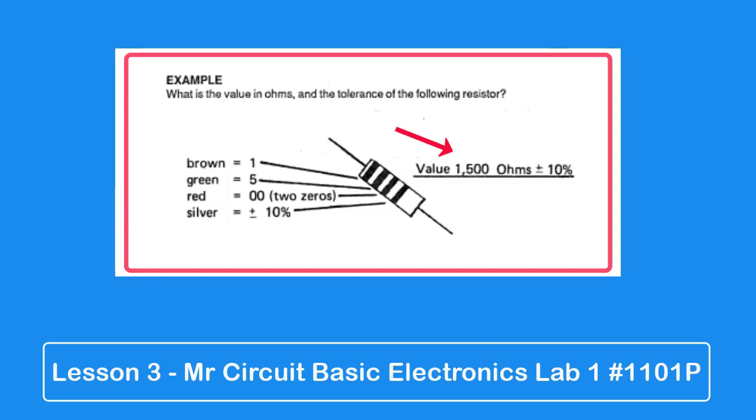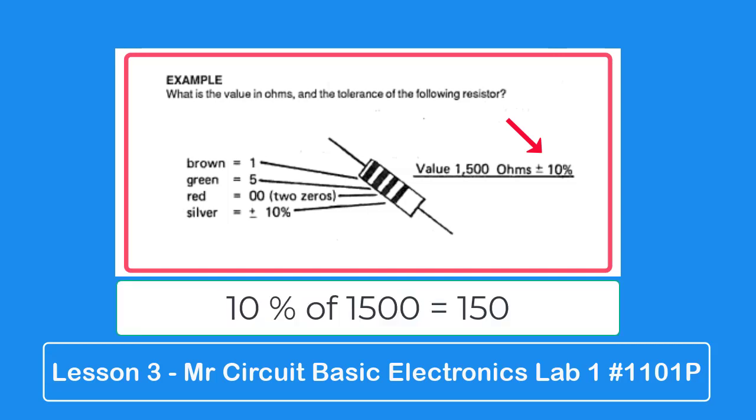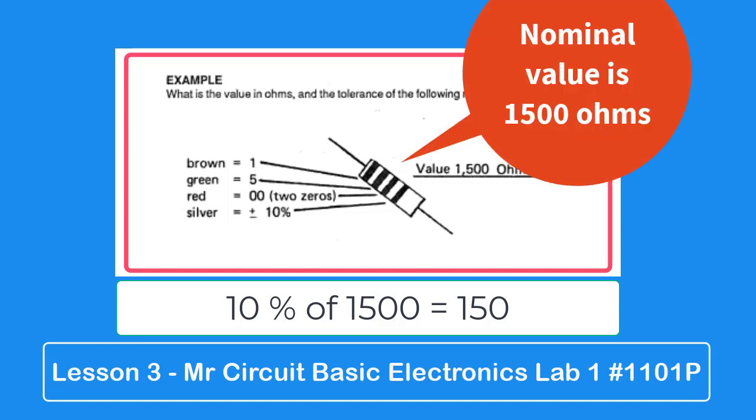Now, since the fourth color band we tell you is silver, the tolerance of this resistor is plus or minus 10%. Well, let's think about that. 10% of 1500 is 150. Remember, the tolerance is plus or minus. So therefore, the nominal value of this resistor, in other words, the value that it's labeled as with the colors, is 1500.